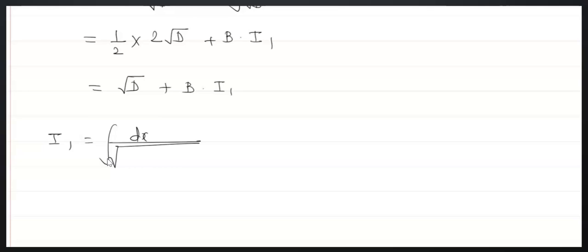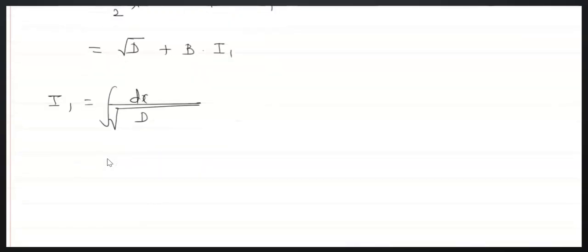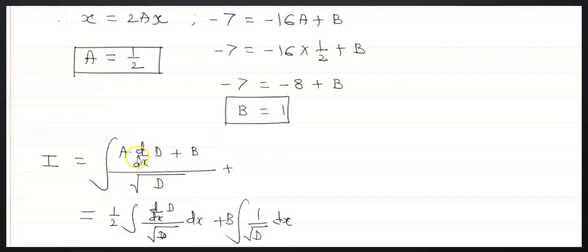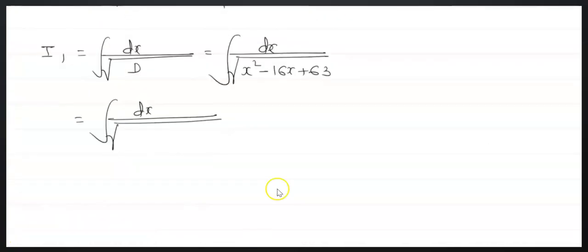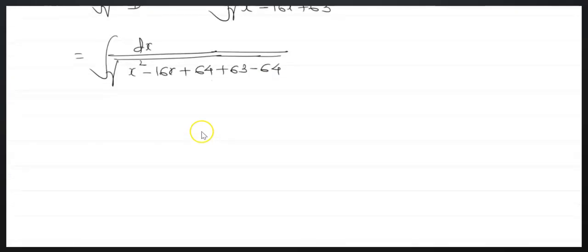Now I1 is equal to the integral of dx upon root of d. The value of d is: I1 is equal to the integral of dx upon root of x square minus 16x plus 63. Now the second term is 8, 8 square is 64, plus 64 minus 64, you will get minus 1.